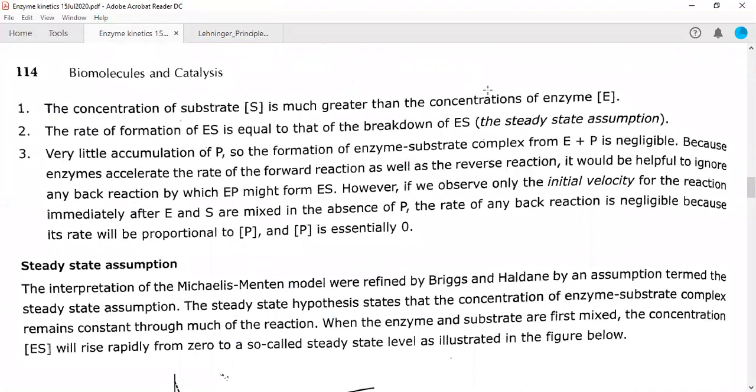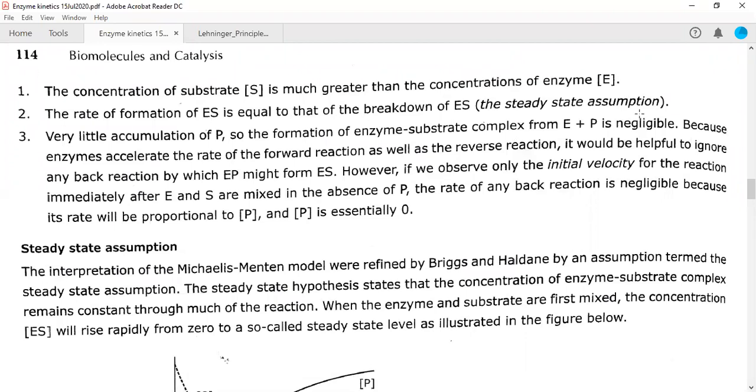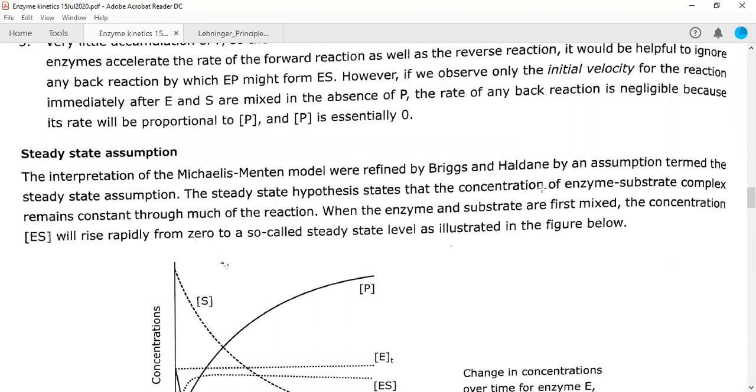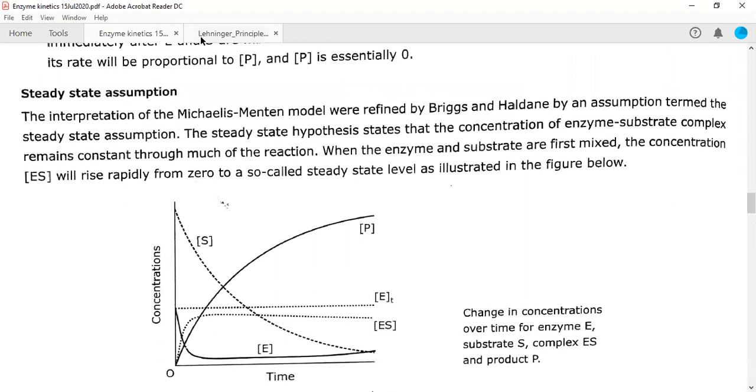First, the concentration of substrate is very, very high compared to enzyme. Second is steady state, meaning the enzyme substrate concentration remains steady for most of the reaction, so formation of the enzyme substrate complex equals the breakdown of this complex. Third, the product will not accumulate, therefore we can ignore the backward reaction. So there is no K minus 2 rate constant in this equation.